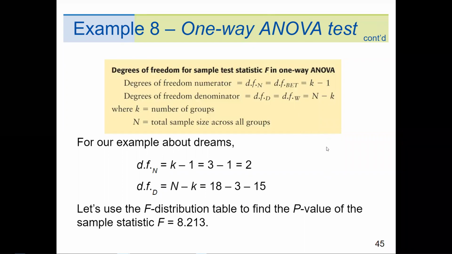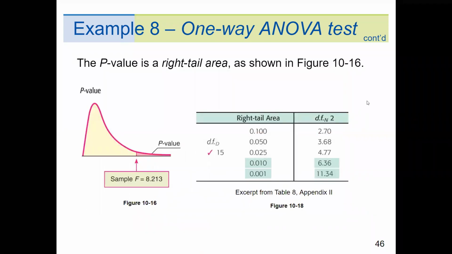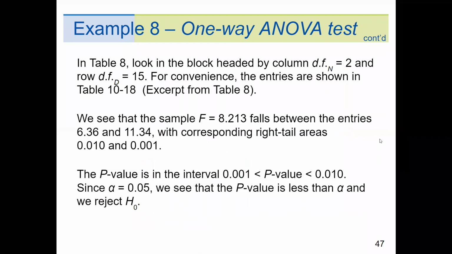Let's use the F distribution table to find the p-value of the sample statistic F equal to 8.213. The p-value is a right-tail area as shown in figure 10.16. In table 8, look at the block headed by column 2 and row 15.